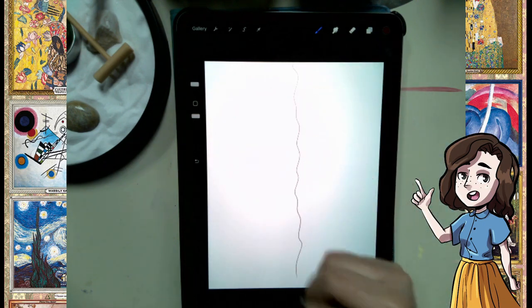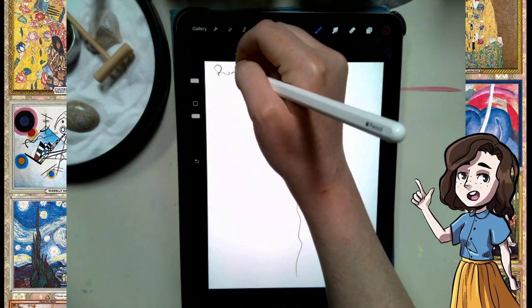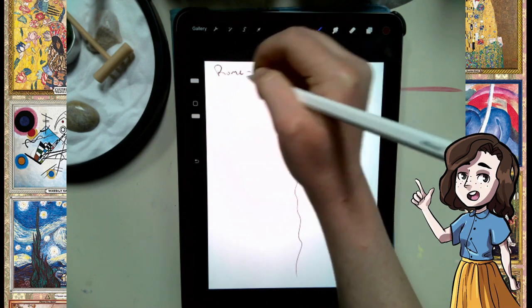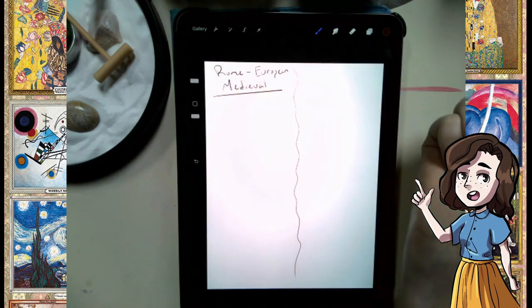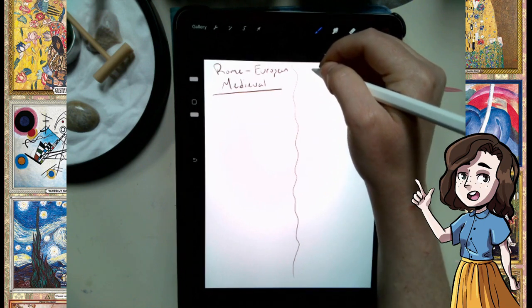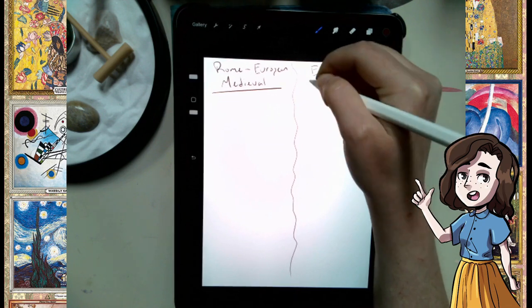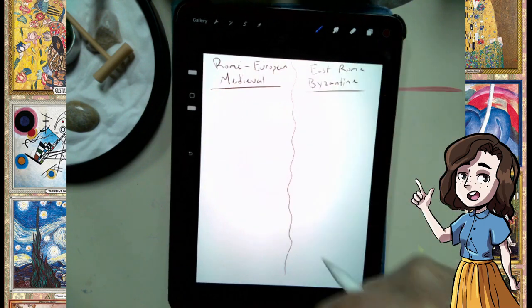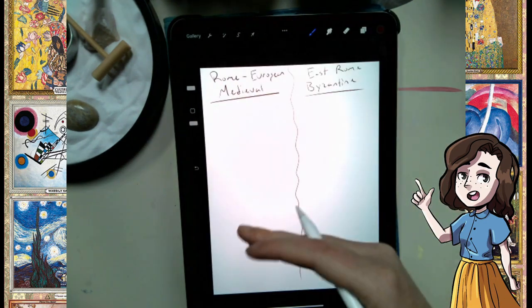Really, we're going to see a big divide between what is Rome in the West, which becomes the European Rome, and this is medieval pieces. And then we have the Eastern Roman Empire, which is going to be Byzantine. This time period is known as late antiquity, the late antique era, especially as they are forming, and then we move into that early Christianity.